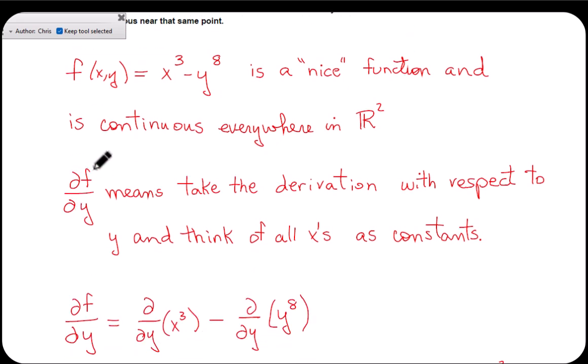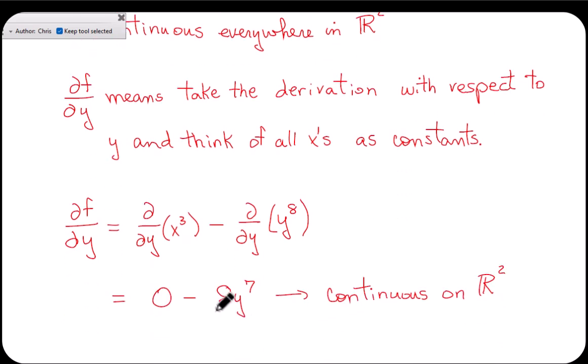If I do this derivative of f with respect to y, this symbol means the partial derivative. It means think of all x's as constants or numbers. Everything else, the y's, are variables. So the partial derivative with respect to y of x cubed is 0. The derivative of this term is just like any old normal derivative, and so I would get minus 8y to the 7th.